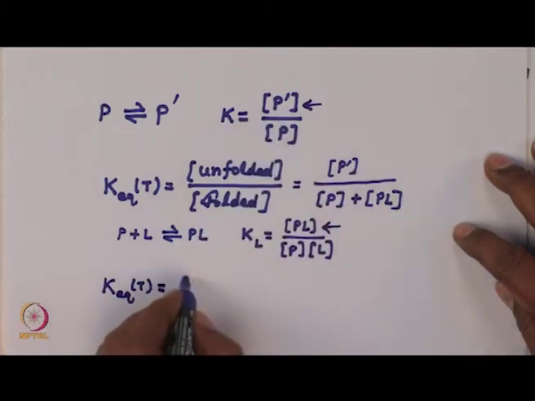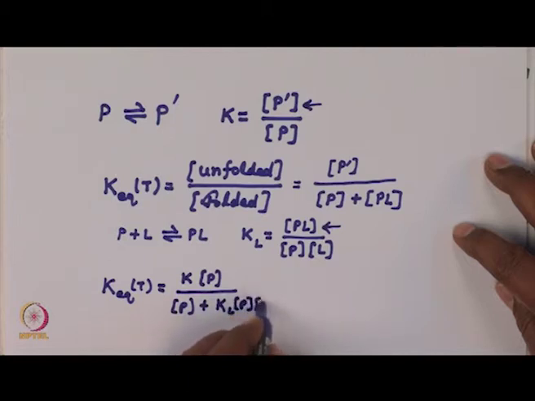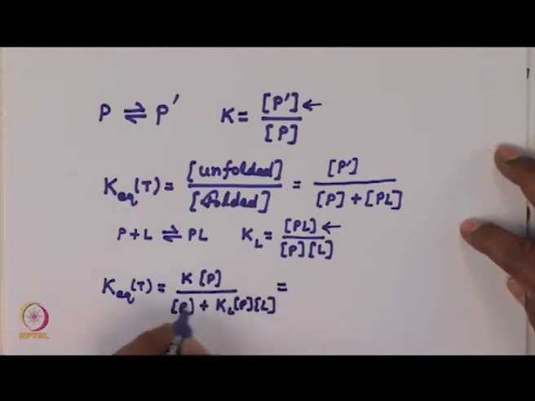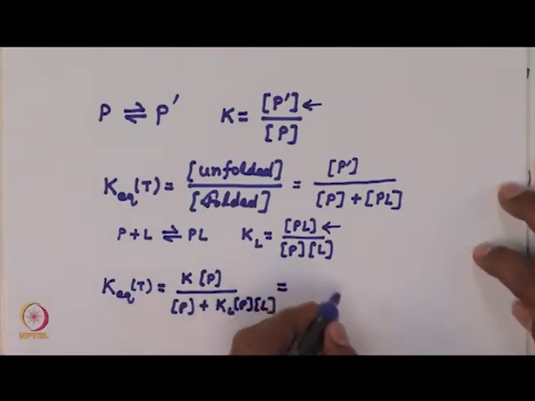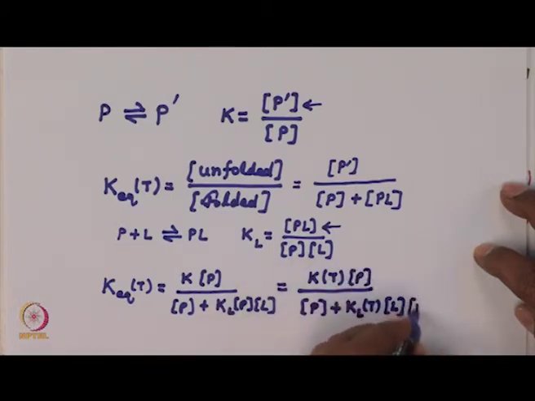P prime is equal to K into the concentration of P divided by, let me retain P, plus PL, which is equal to KL into the concentration of P into the concentration of L. So you remove P prime from here, I can write this as K at a temperature T divided by P plus KL at temperature T into L, into, if I retain P, into P. And P can be cancelled.